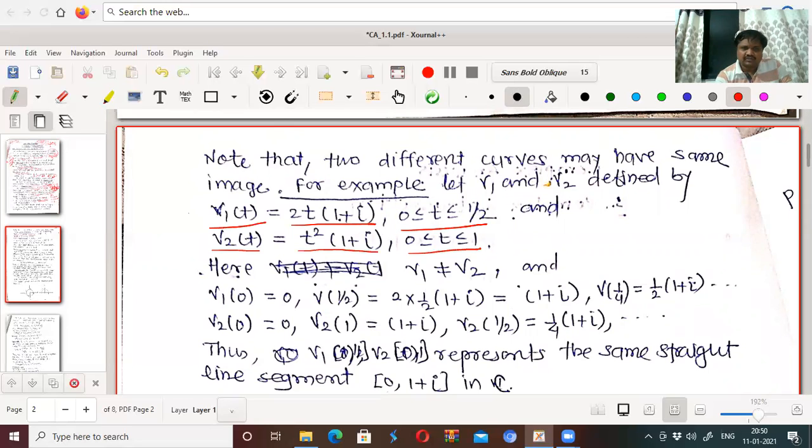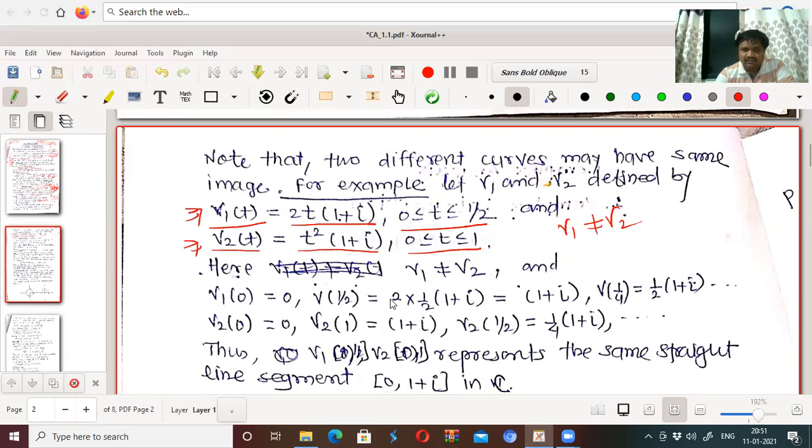These two curves are distinct curves, that is, gamma 1 is different from gamma 2. Now we want to find the image of gamma 1 for the interval 0 to 1 by 2, and the image of gamma 2 for the interval 0 to 1.